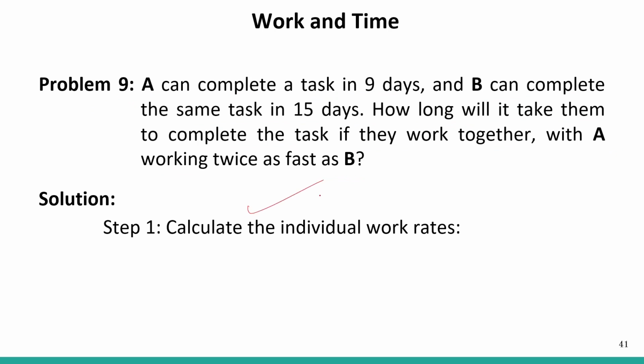So calculating the individual work rates. A's work rate is what? 1 by 9, but it will get doubled, right? So it will become 2 by 9 for the task, and B's will be the same, that is 1 by 15.